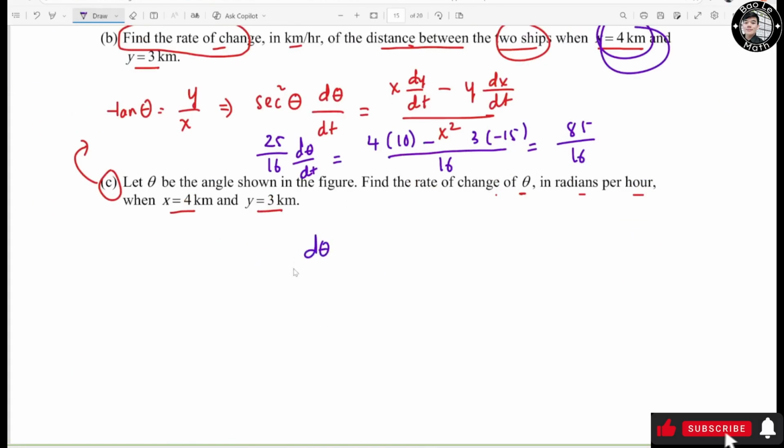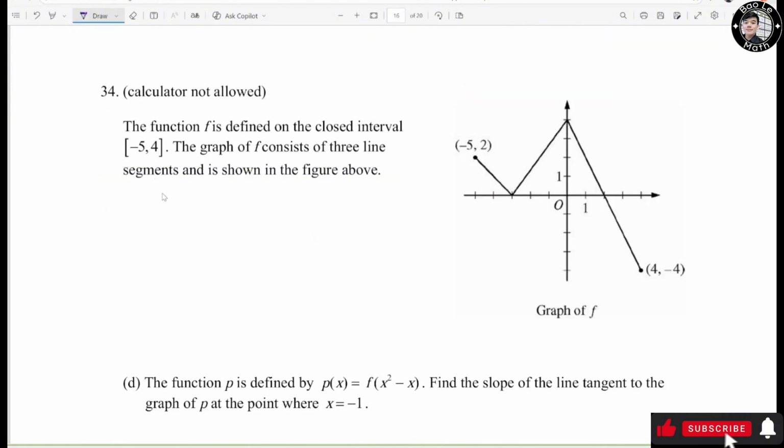So d theta over dt equals 85 over 16 times 16 over 25. This cancels out. Dividing the top and bottom by 5, it's 17 over 5, and the unit is radians per hour.